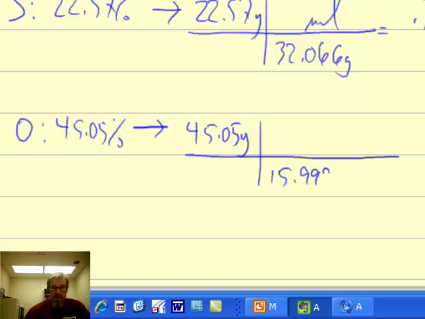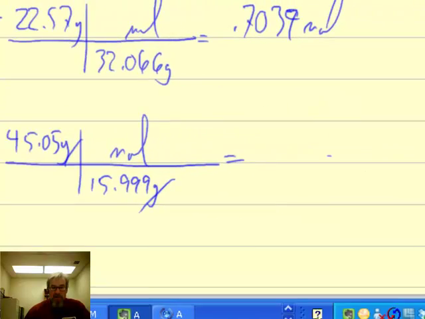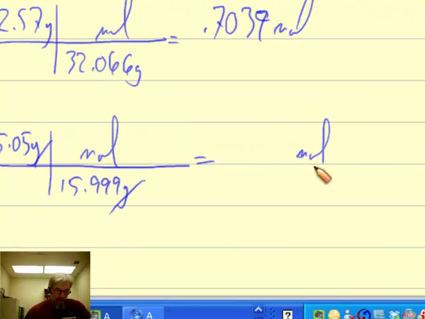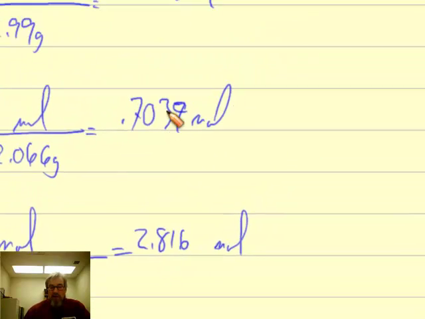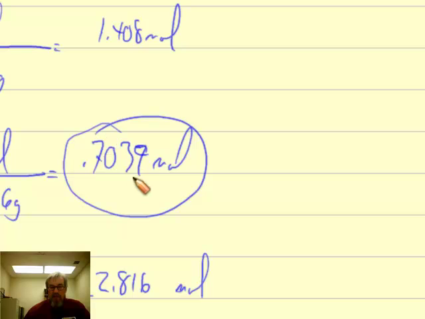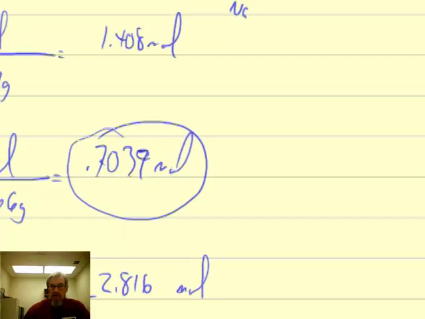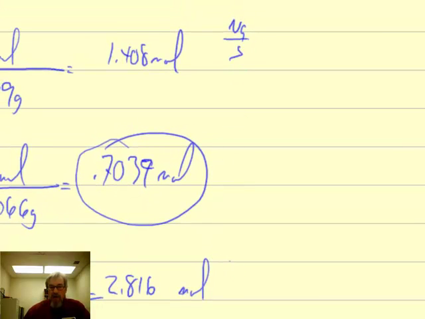And oxygen, well, 45.05% means 45.05 grams in 100 grams of the compound. The molar mass is 15.999 grams per mole. So with grams canceling out, we now have moles for oxygen. And that number is 2.816. The smallest number of moles here is sulfur at 0.7039. So we want a sodium-sulfur ratio, and we want an oxygen-sulfur ratio.